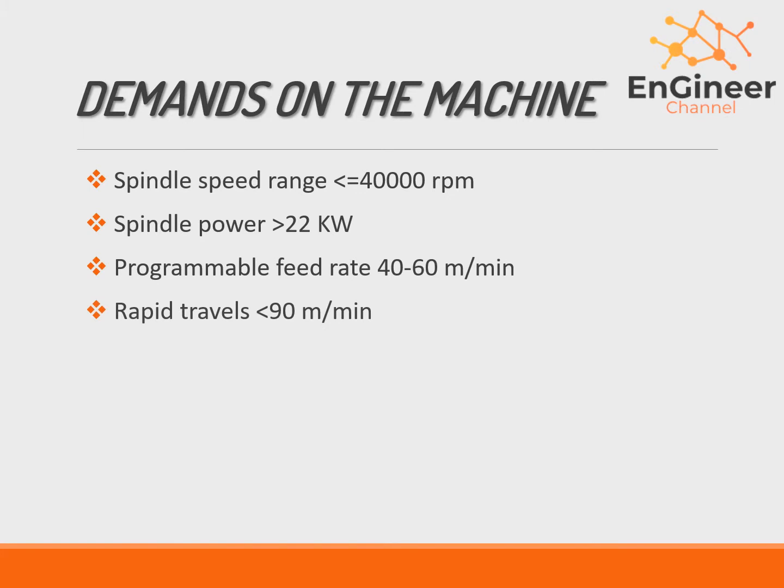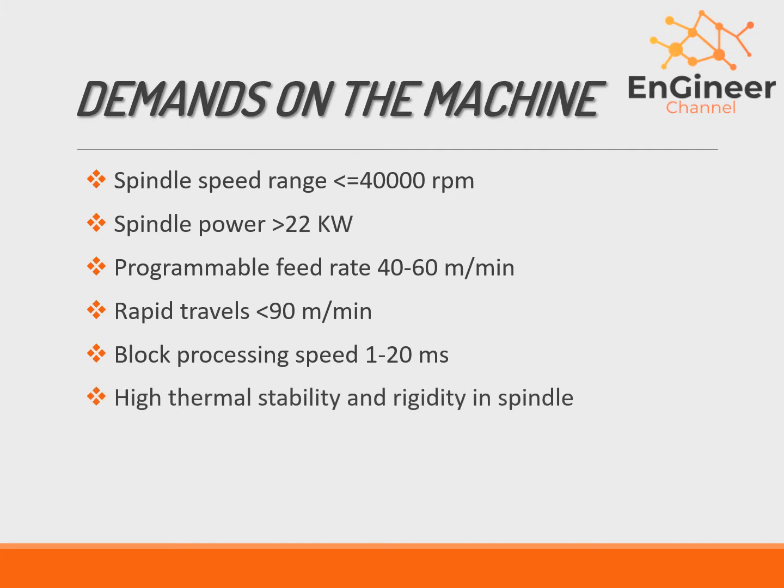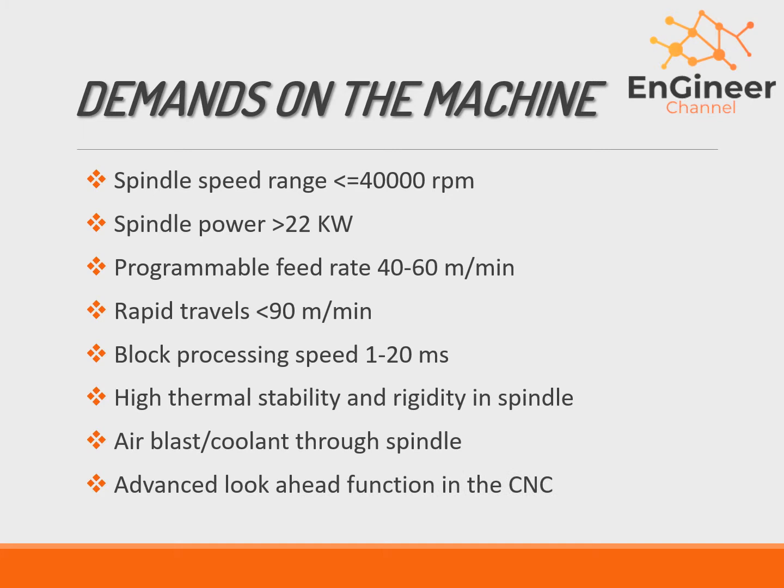The rapid travel is less than 90. The block processing speed is between 1 and 20. There is high thermal stability and rigidity in the spindle, air blast or coolant through the spindle, and an advanced look-ahead function in the CNC.